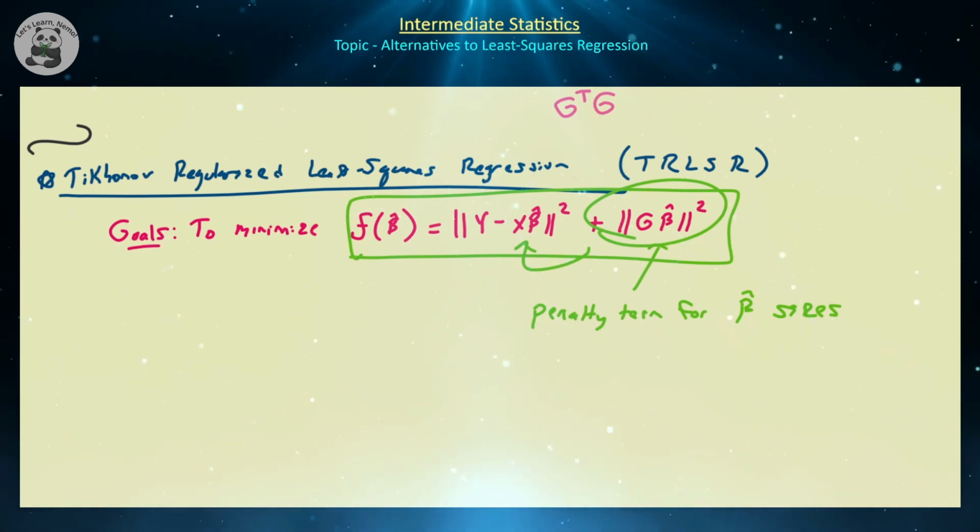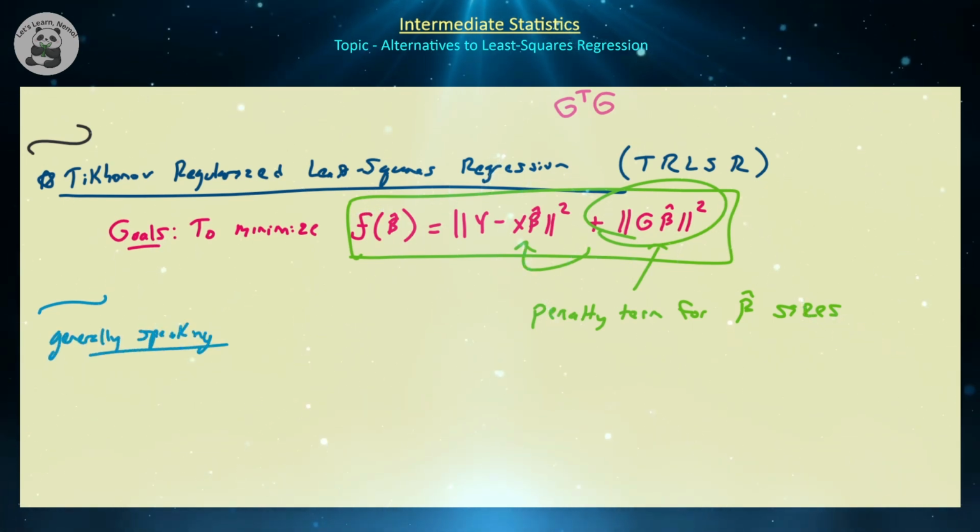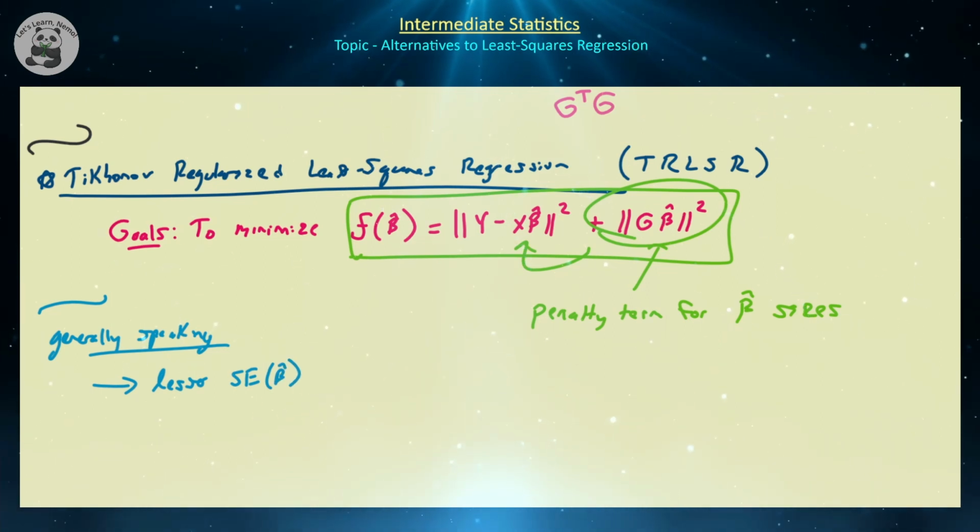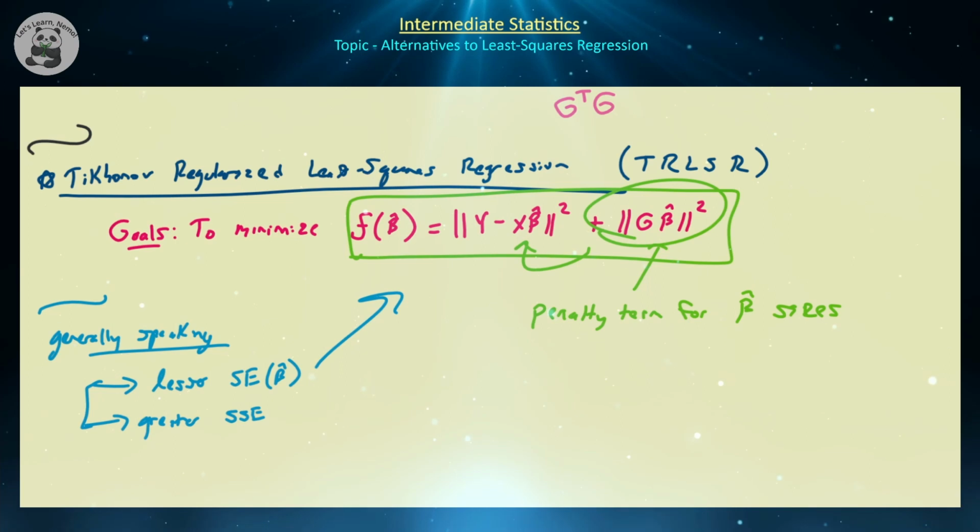But generally speaking, not always, as you increase to the extremes of this process, typically the lesser the standard errors for these beta hats you will have, because as beta hat gets closer to 0, the standard error should also be getting close to 0 as well, hopefully. But that's also going to create a greater error sum of squares, right? So this is typically the outcome of what you're going to get from a Tikhonov regularized least squares regression model where G obviously is not the 0 matrix.